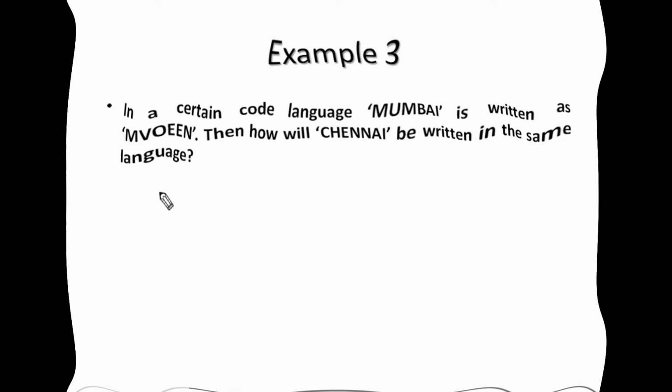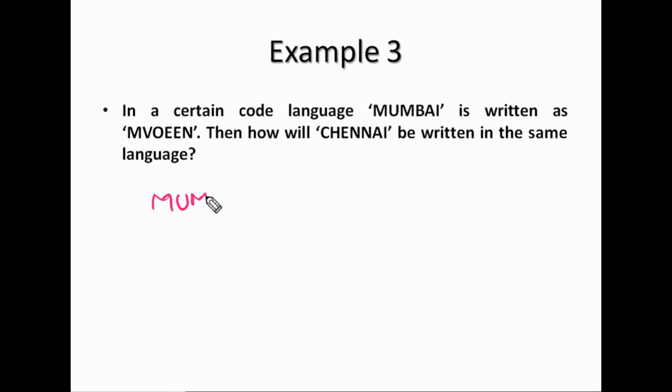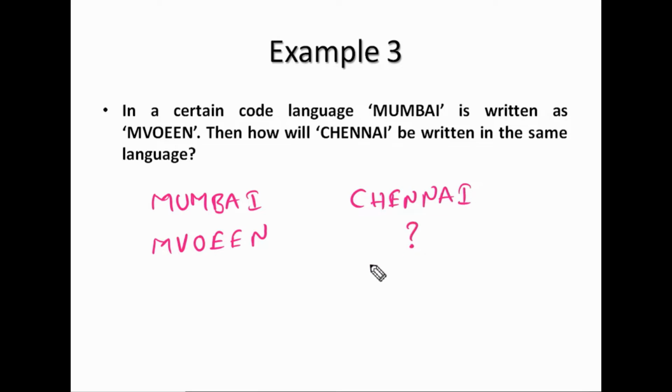Next question. Here the word Mumbai is written as MVOENN. Then Chennai will be written as? M: the nearest letter can be direct M or the next letter N. U: the nearest letter is V, that is the next letter.